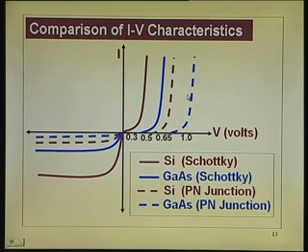Now, just some information related to this. This property of higher cut-in voltage of gallium arsenide makes it useful for solar cells with higher open circuit voltage. When you shine light on a junction, you will see there is a voltage developed.